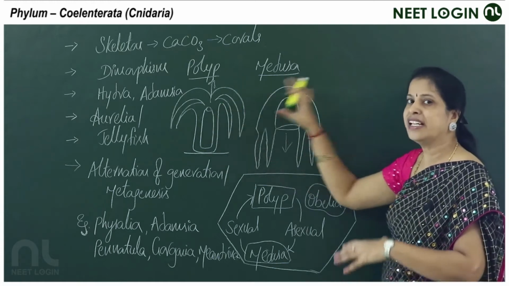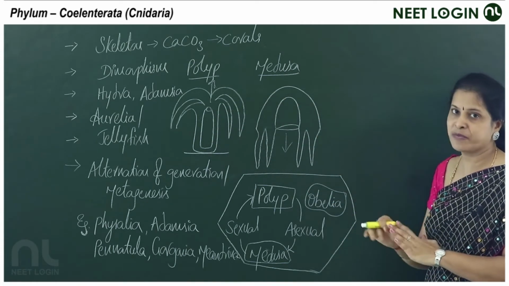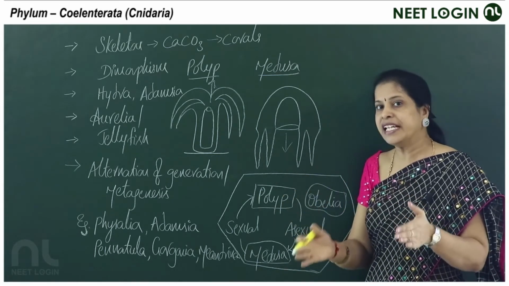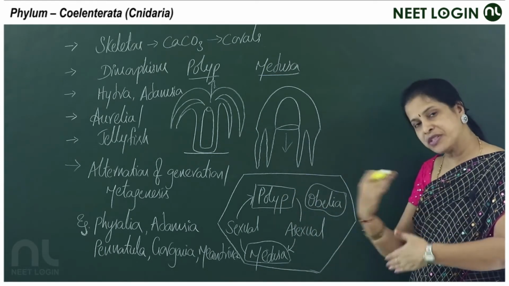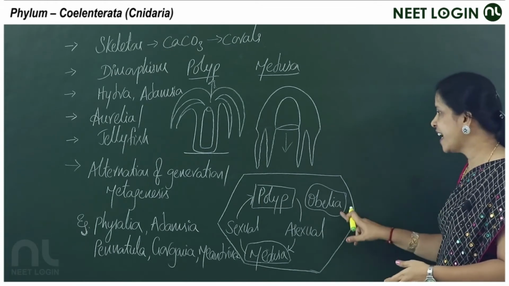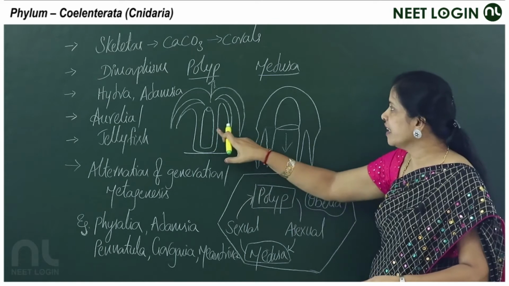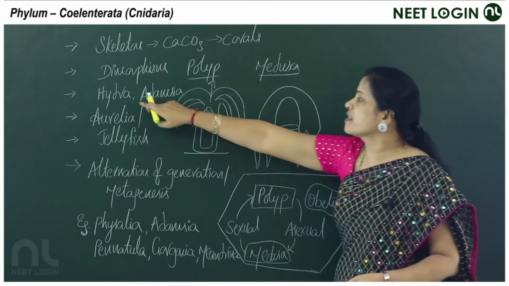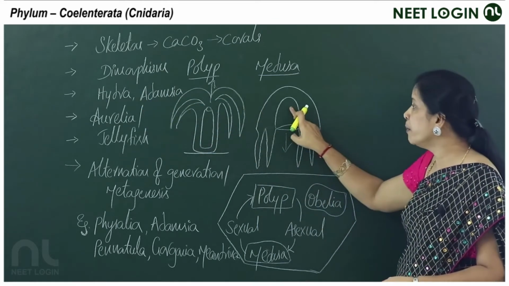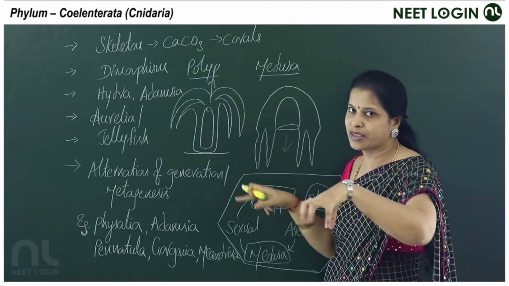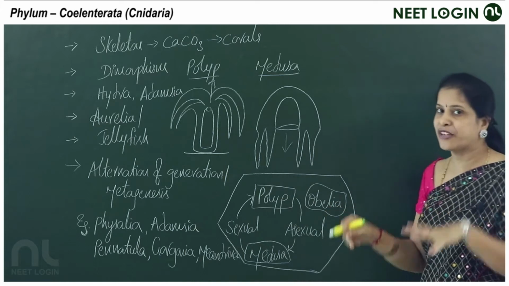These are sessile and these are free swimming. So polyp and medusa. We said the polyp stages are like Hydra and Adamsia, the medusoid forms like Aurelia and jellyfishes. In jellyfishes, the body is umbrella shaped and they are free swimming.